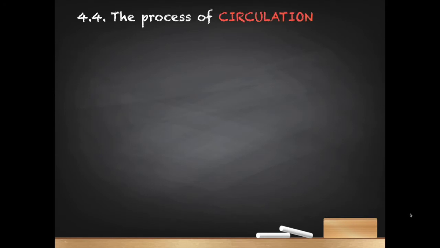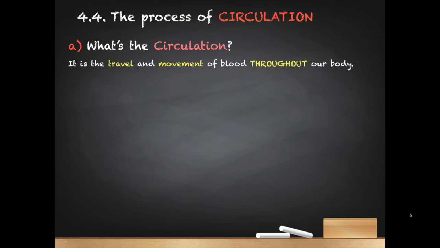First of all, 4.4, the process of circulation. Prepare your notebooks and your pens. Question 1, what is circulation? It seems an easy question, but what is it? It is the travel or the movement of blood throughout our body.